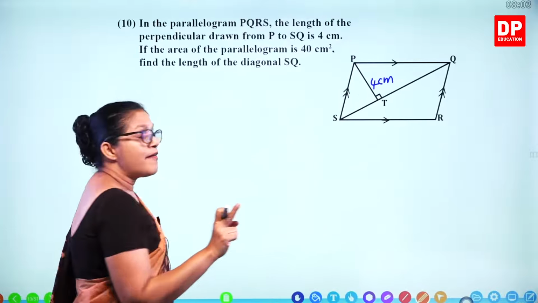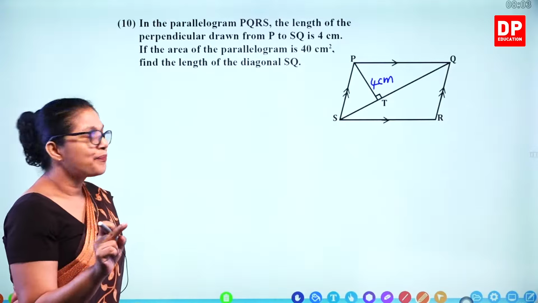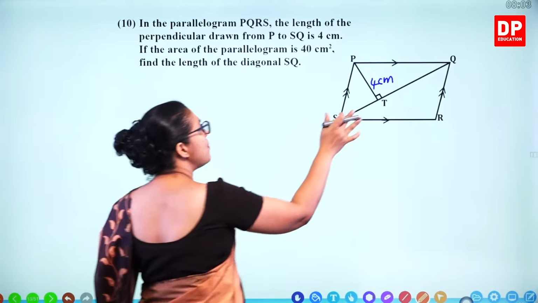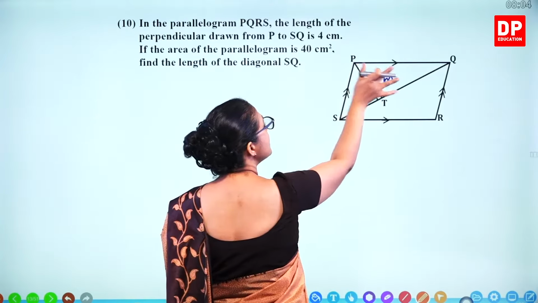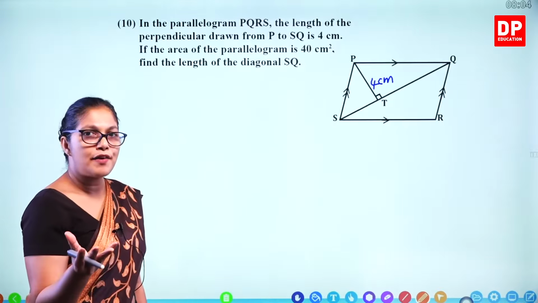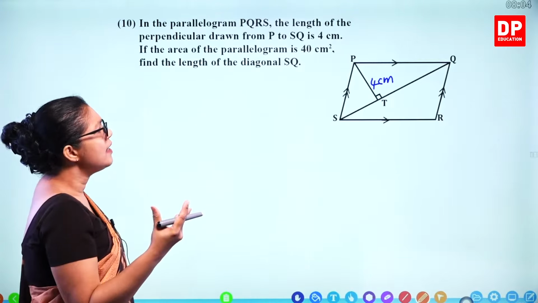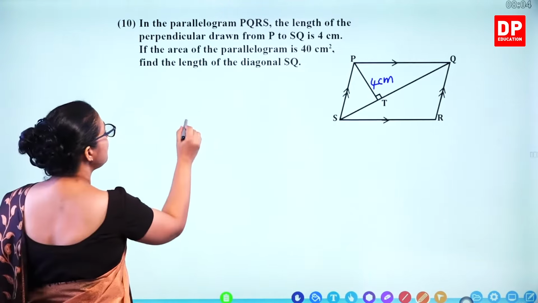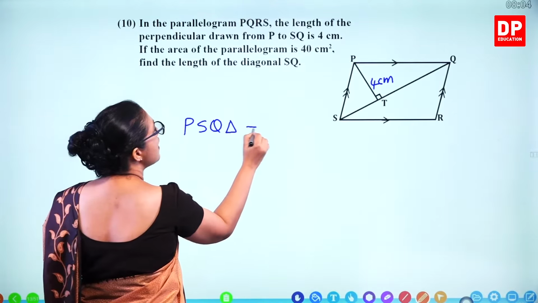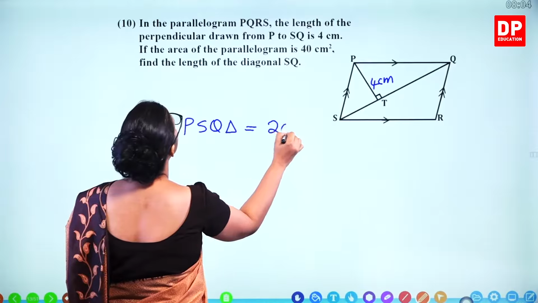The diagonal bisects the area of the parallelogram. So this is 20 and this is 20. Half of the parallelogram area is the area of the triangle. PSQ triangle area is 20 then.